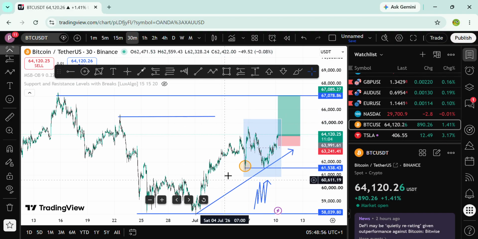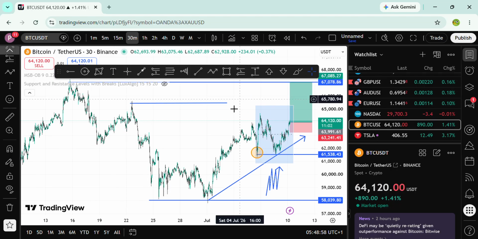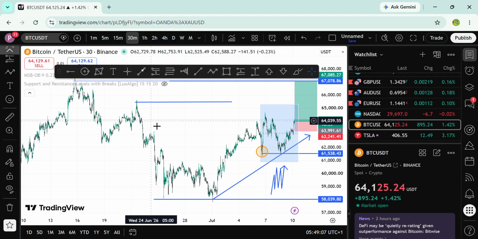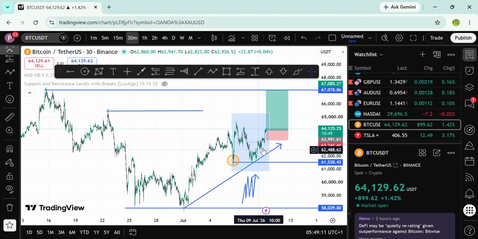So this is an example, like I've been saying, a bullish time frame, the bullish market structure and the bearish market structure. You can see this market was bearish from here downwards, and it's changing character upwards. So it's not giving us another bullish signal.